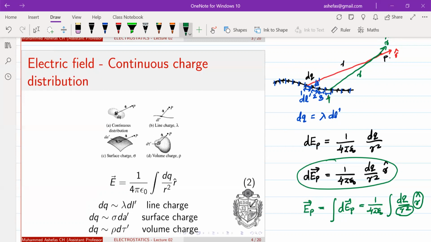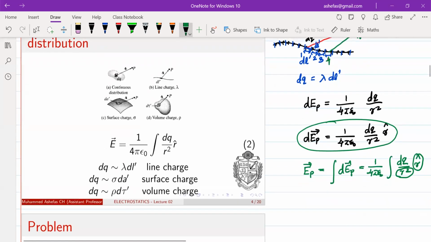But in principle, this is the mathematical expression for the electric field produced by a line charge distribution. Now we can rewrite this electric field at point P in another way, as 1 by 4 pi epsilon 0 integral lambda dl prime r cap by r square.